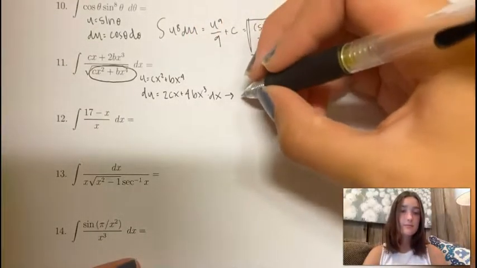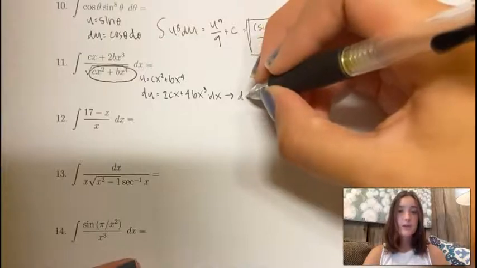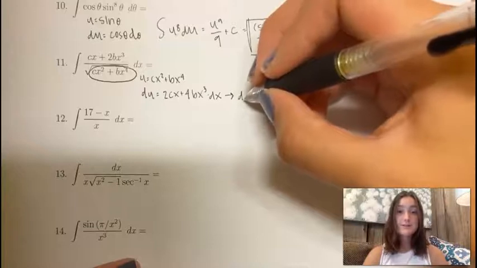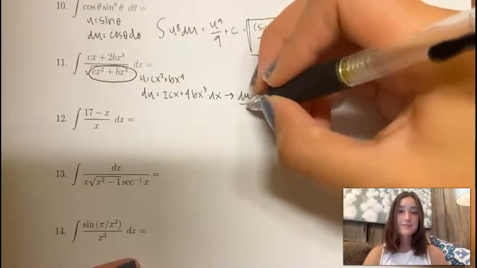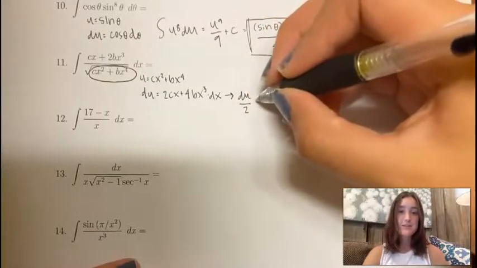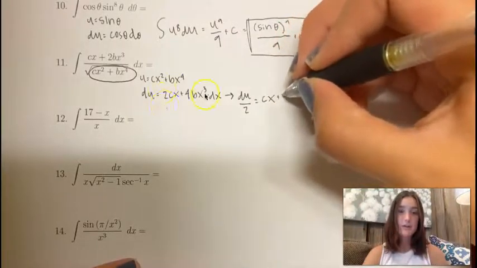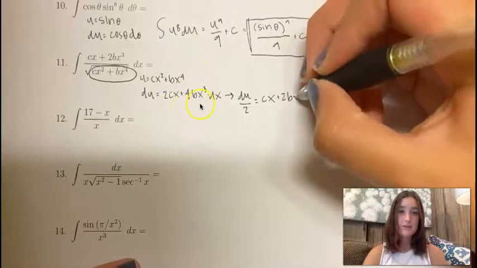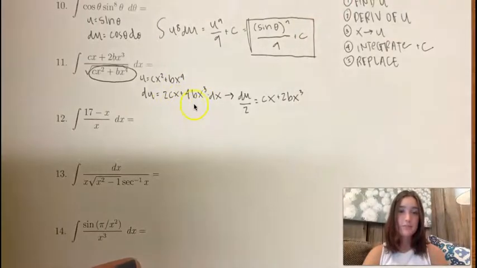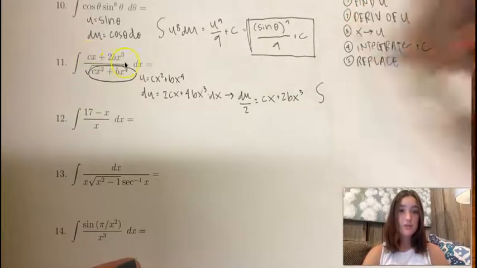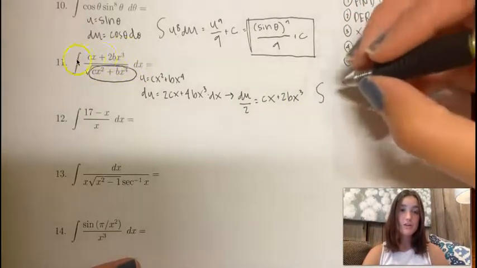And so what I'm doing now is I'm going to isolate that dx by dividing du by 2, because 2 is our common factor in these two different functions. So then I'm going to get du over 2 equals cx plus 2bx cubed, and that shows up right there. So those are going to cancel out.